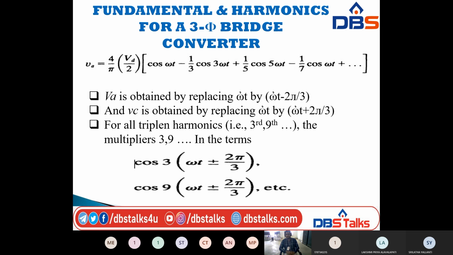That is the triplen harmonics. Plus or minus means if we take the voltage at phase A, at that time I will take omega t minus 2 pi by 3. If we take VC, that means omega t plus 2 pi by 3, like that we will take, and so on. Okay.